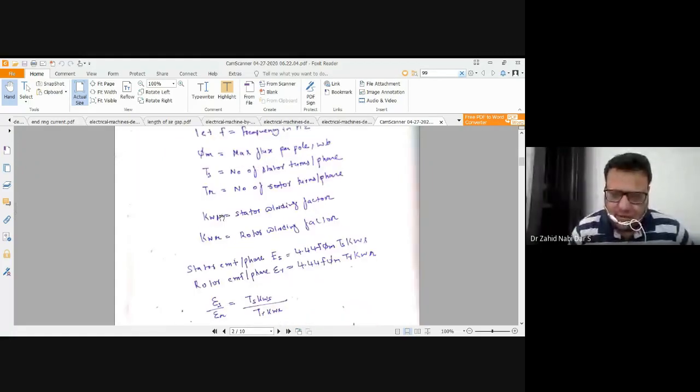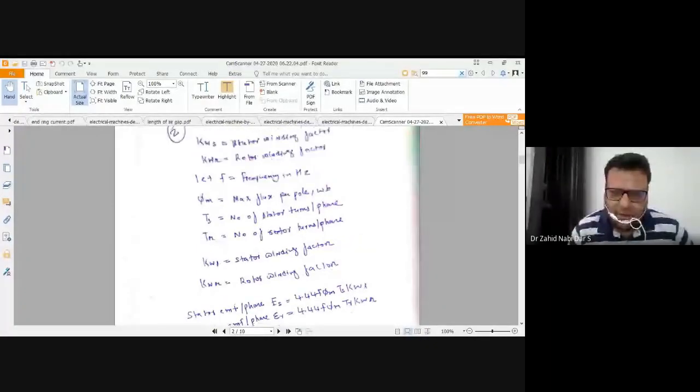Similarly, rotor EMF per phase ER is 4.44 F phi max TR KWR, wherein KWR is the rotor winding factor, F is the frequency in hertz, phi max is the maximum flux per pole in Weber, TS is the number of stator turns per phase, and TR is the number of rotor turns per phase.